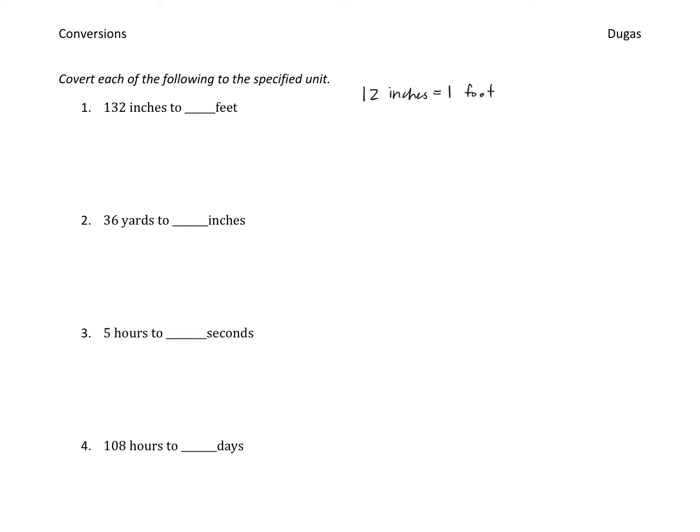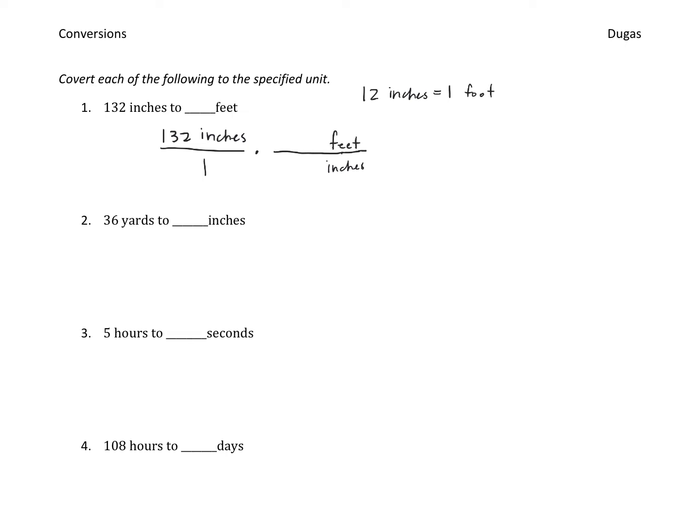First of all, we're going to write down whatever we are converting. We write down the number and the unit, and we write it over 1. Then we're going to multiply so that the inches will cancel out. So we multiply by another fraction where inches is on the bottom, and we put feet on the top.